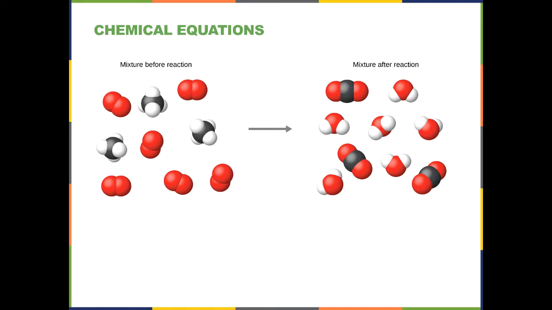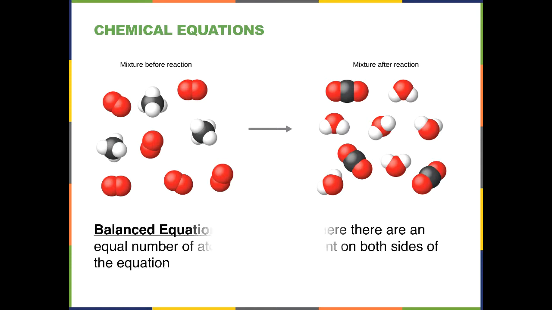That's the stoichiometric ratio. So 3 is to 6 as 1 is to 2. And so this ratio helps you understand exactly how much, in terms of molecules or moles, you need and how much you will produce. So this is a balanced equation.